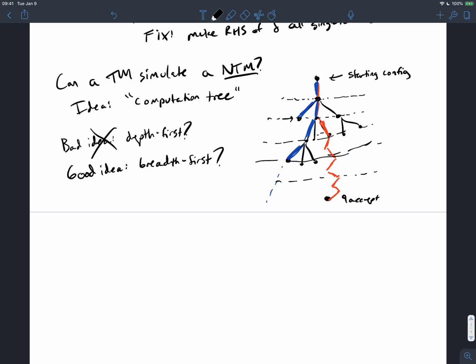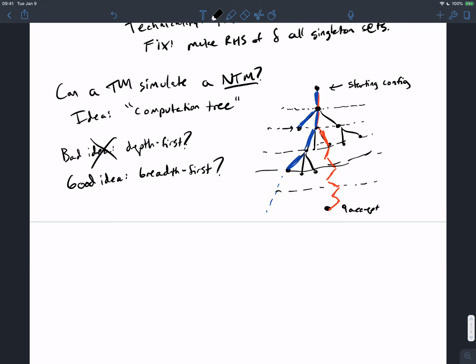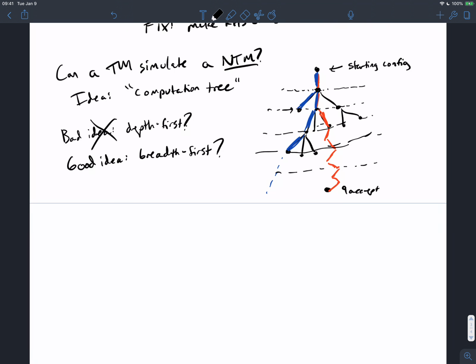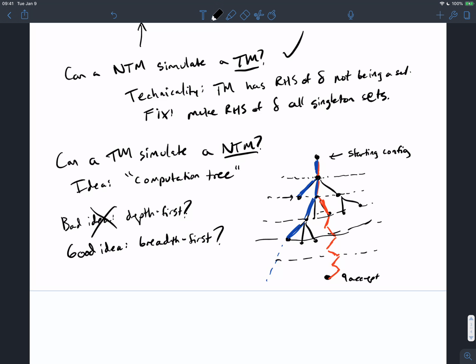If there is a QAccept somewhere in this tree, then I must eventually get it because it's at some finite level in the tree. It may take a long time, but I can reach it eventually. If there is no QAccept at any point, then the machine runs forever. But that's actually okay here, because the non-deterministic machine would have run forever anyway since there's no QAccept in there.